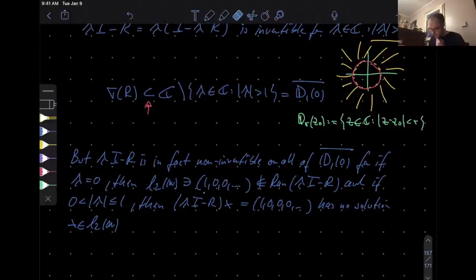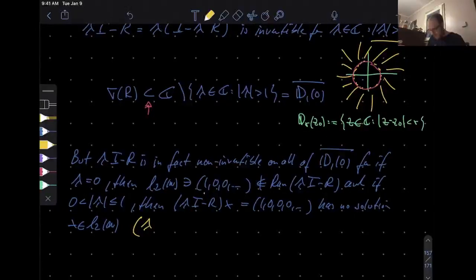All right. But why does it have no solution? Well, if you just write out the left-hand side and the right-hand side. On the left-hand side, lambda I, so I'm writing it entry-wise now. This is the identity, so in the first entry there will be lambda x1, and from the minus Rx piece nothing comes because the right shift puts a 0 in the first entry. All right, so you have this.